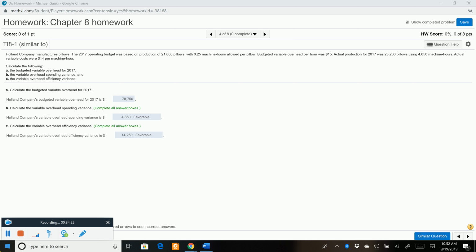And column 3 would be the flex budget, the standard allowed for this level of activity: 23,200 pillows times 0.25 allowed per pillow times the standard rate of 15. That gets you to $87,000. So column 1, 67,900. Column 2, 72,750. Column 3, 87,000. You compare column 1 to 2, you get the spending variance. You compare column 2 to 3, you get the efficiency variance.